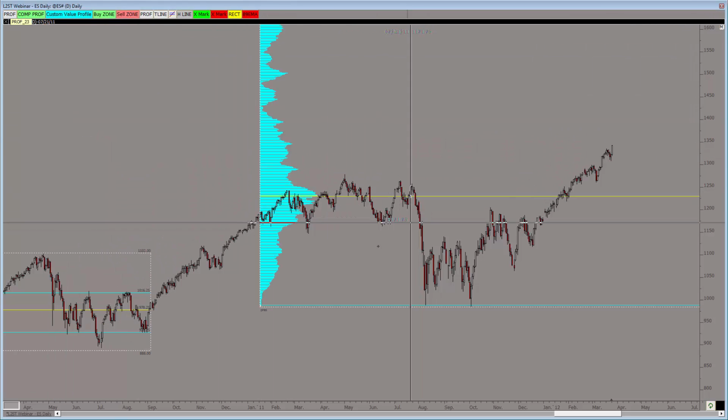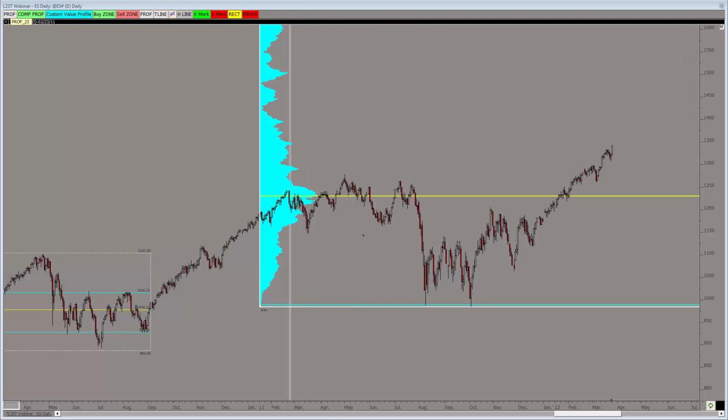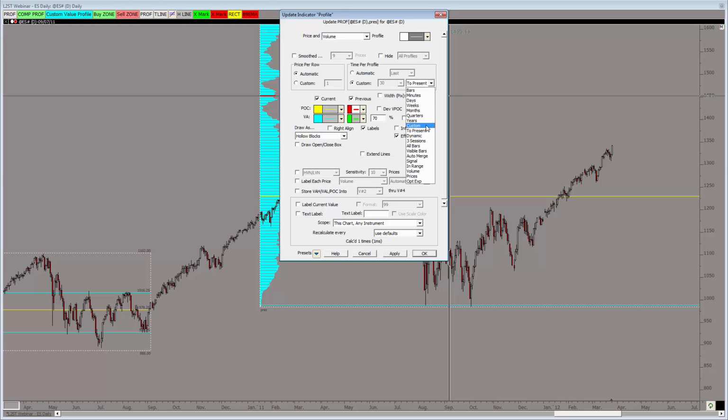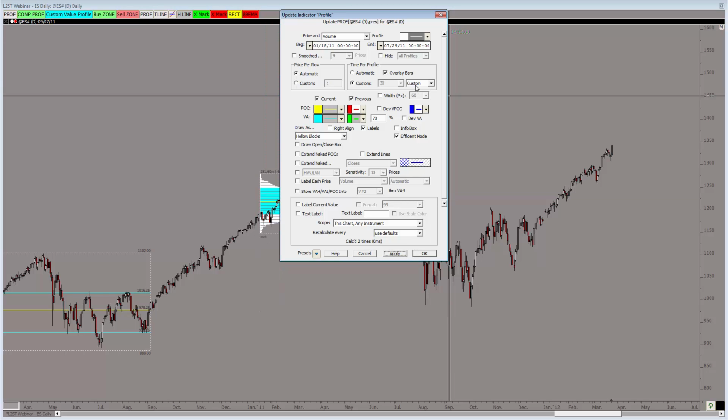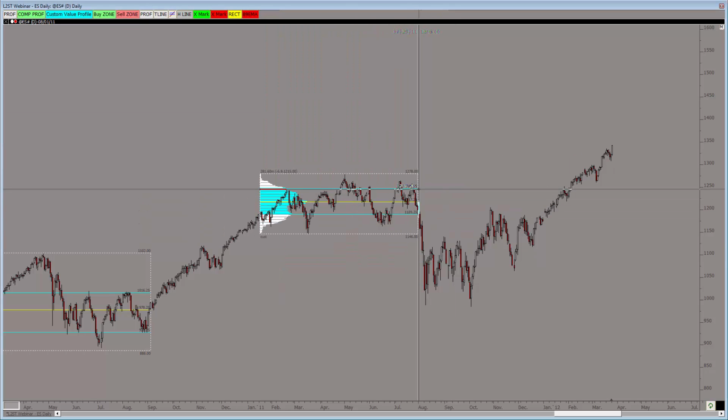Now, if that happens like this, and you want to put it around a range that previously was traded, just change it back in market order to custom, and that will put it to the point where you actually drew the profile to, which is around about here. It doesn't have to be exact. You want to get roughly the beginning of the range and the end of the range.